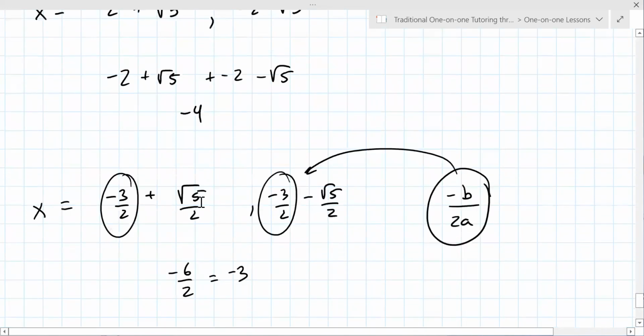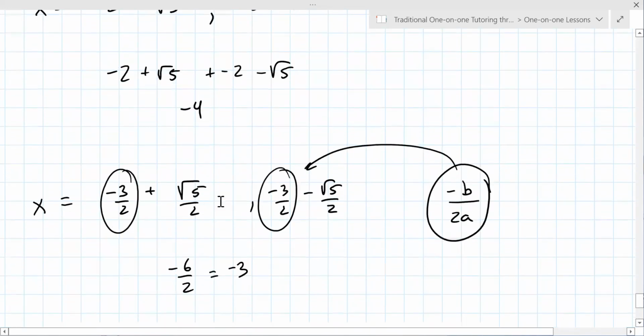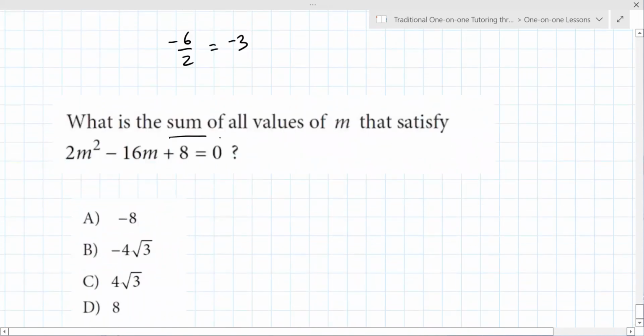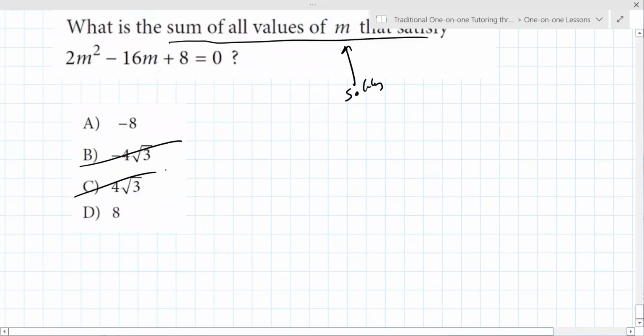Did our answers have a square root in it in this problem? No. After we added them, did our answers have a square root? No. Okay. So it's the ones where it says the sum of all the values of the solutions. You're like, hey, it can't be those two. Yeah. But let's work through this one like we've been doing with the others.